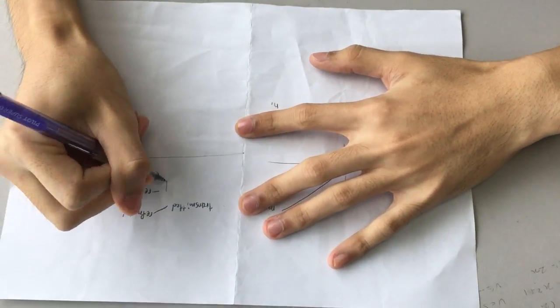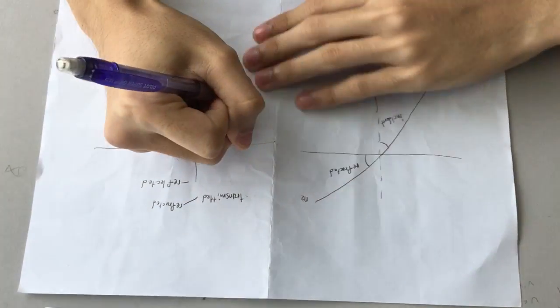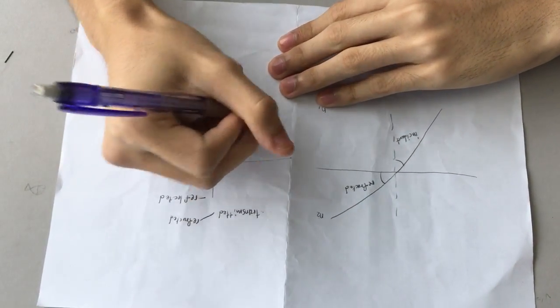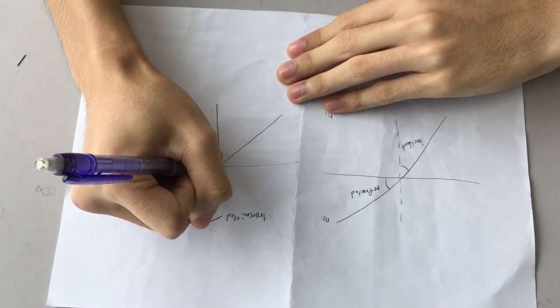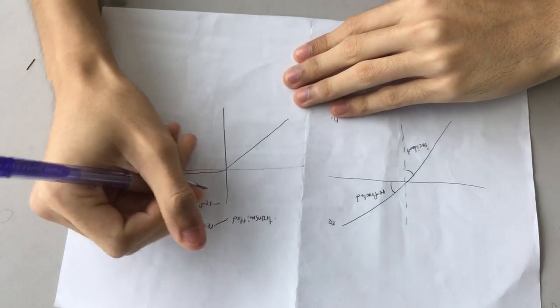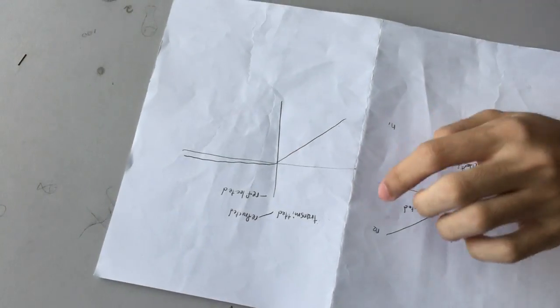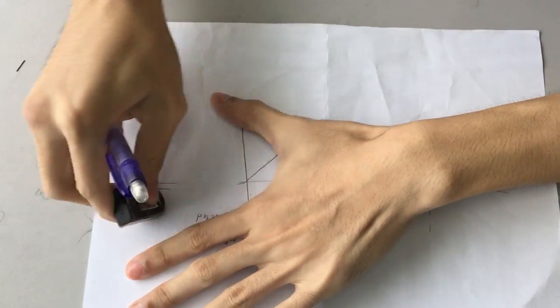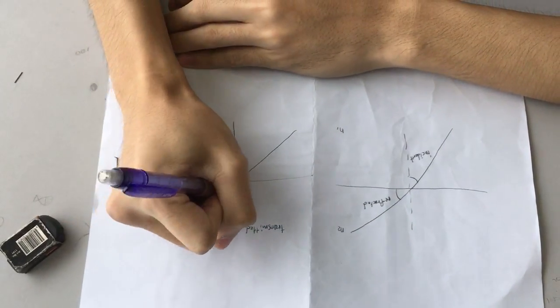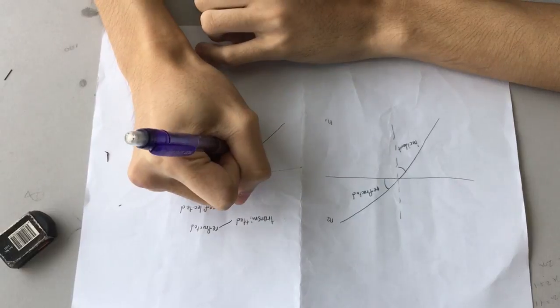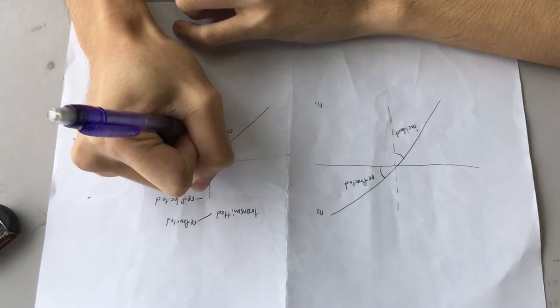When the incident angle is at a point where the refracted angle is equal to 90 degrees, which is the right angle, that incident angle is called the critical angle.